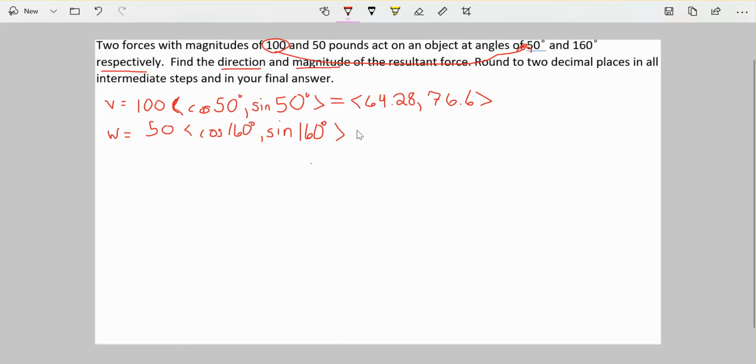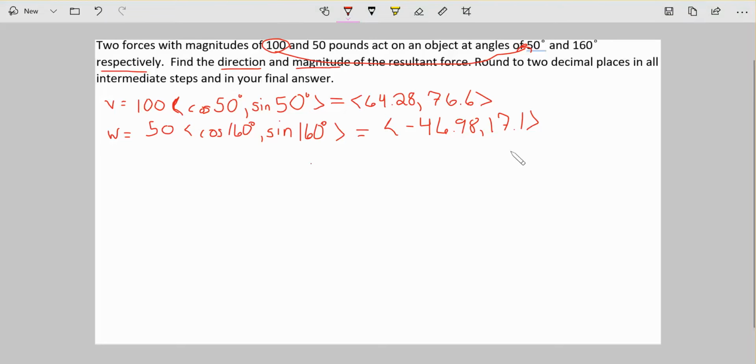And when I multiply all of that out, for the cosine part, I get negative 46.98. And I highly recommend you go ahead and put these in your calculator as well, so that you make sure you understand how that works, because taking a moment to do that will help you solidify that information in your mind.